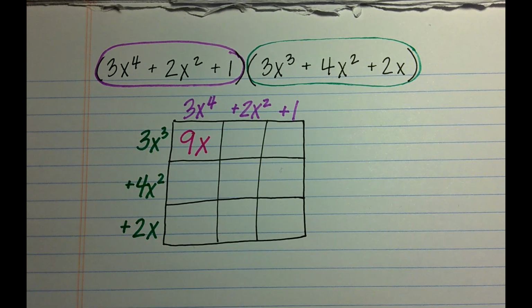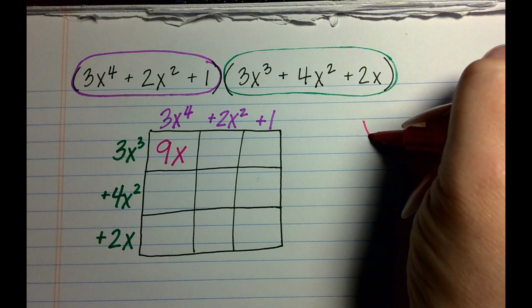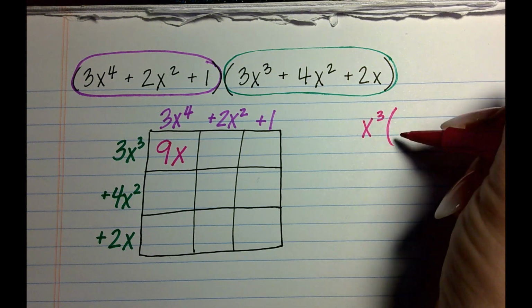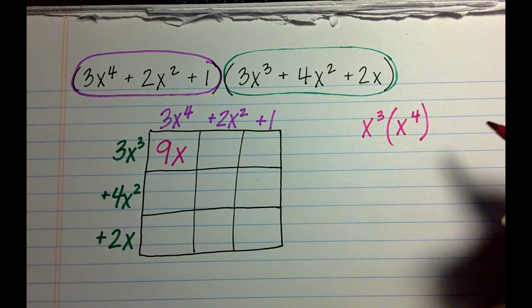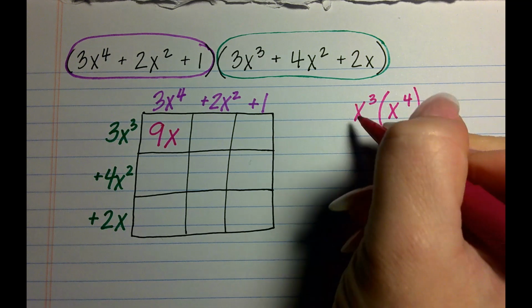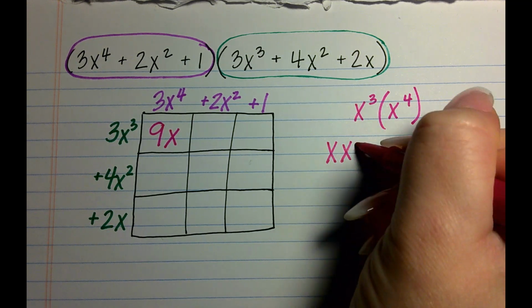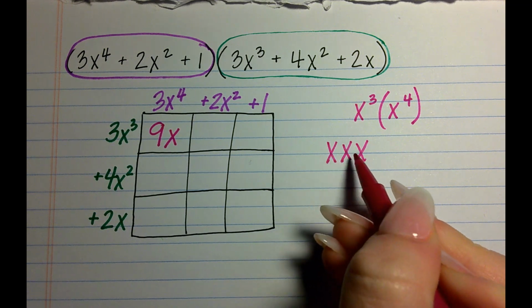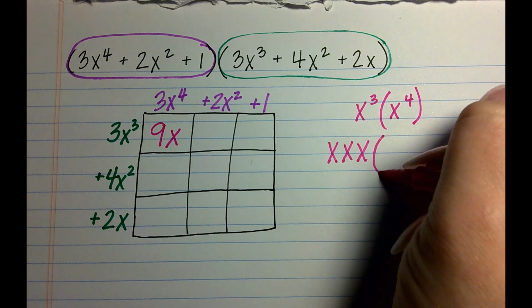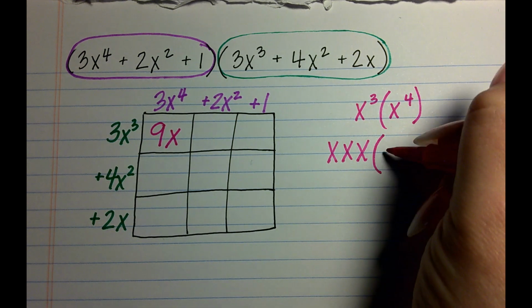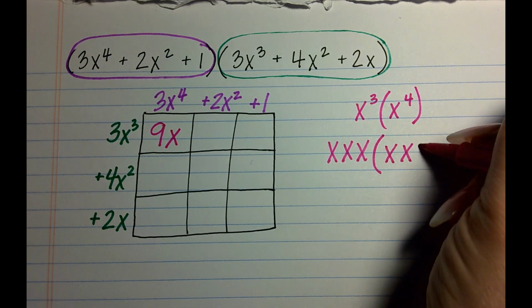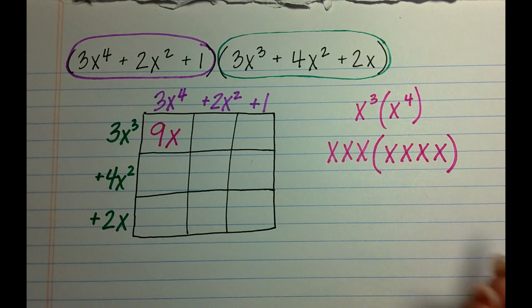Whenever we have exponents, remember x to the 3rd power times x to the 4th power. What this means is x to the 3rd power is x times x times x, and x to the 4th power is x times x times x times x.